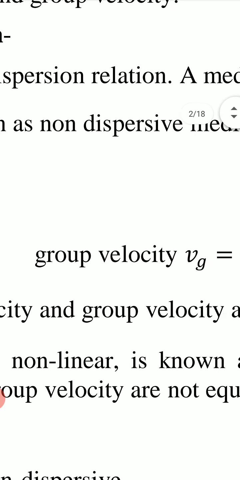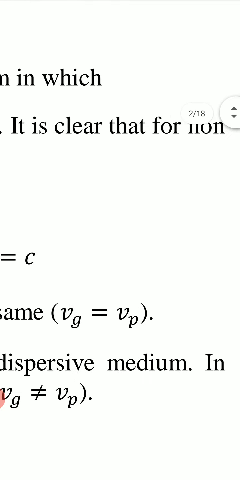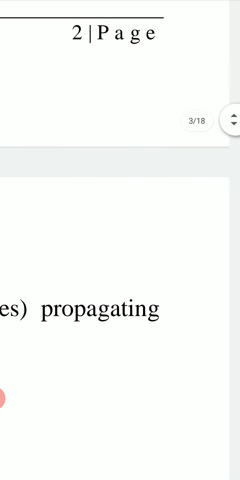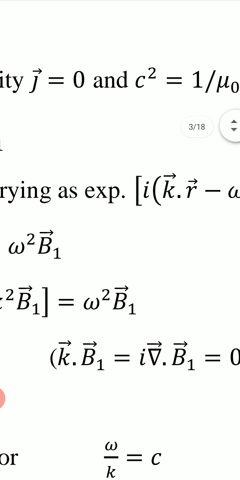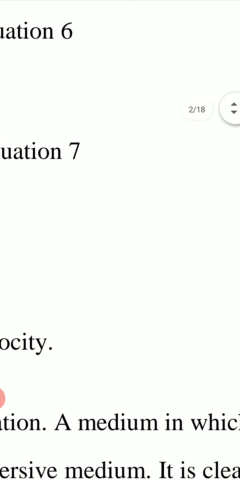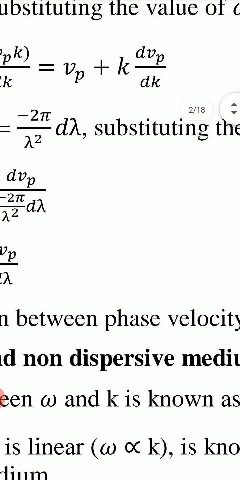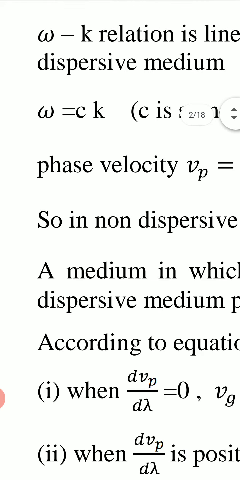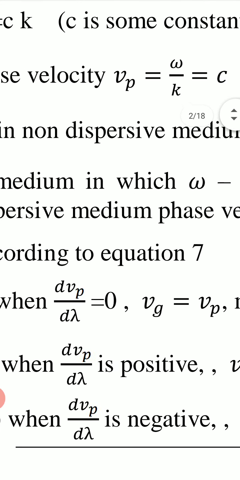So from equation 8, which shows the relation between Vg and Vp, Vg is equal to Vp minus lambda dVp upon d lambda.